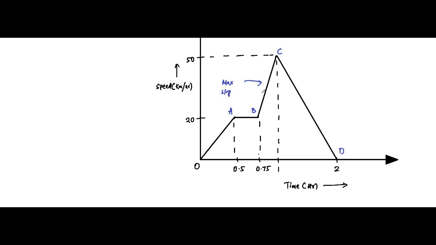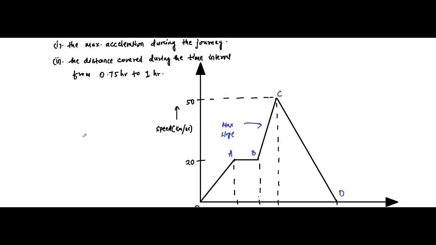So obviously this indicates maximum acceleration because it is a speed time graph. So the slope of this BC will give us the maximum acceleration.